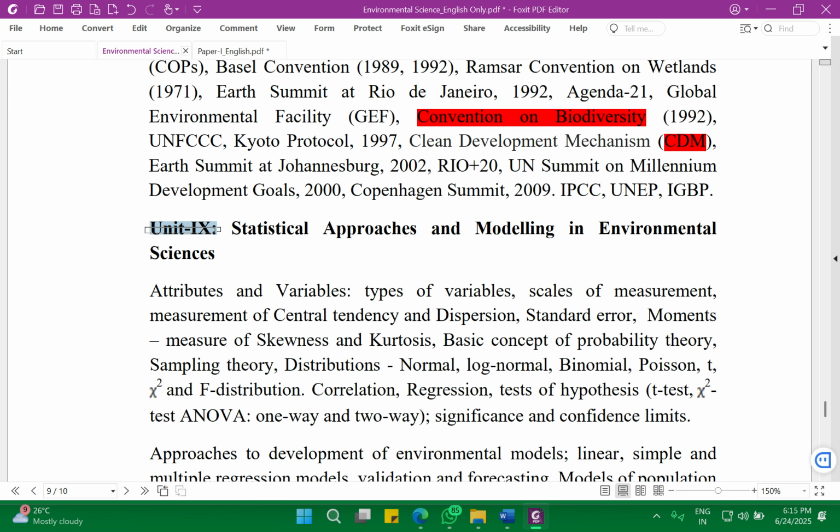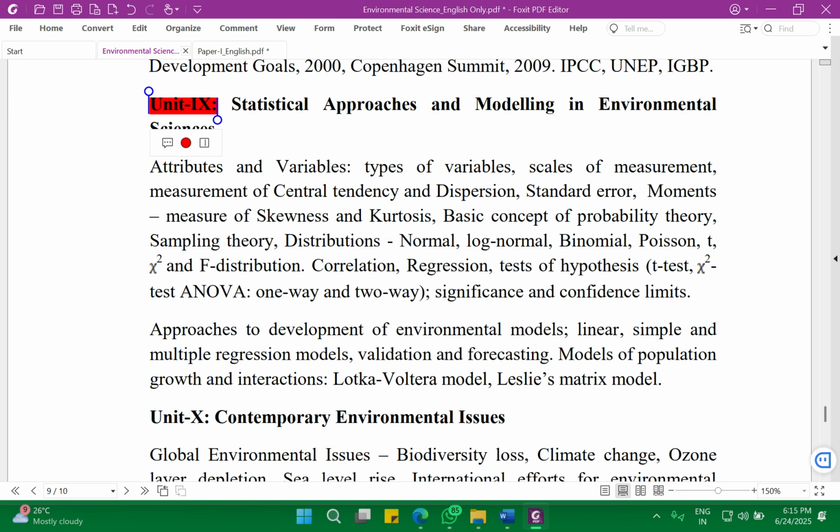And in Unit 9 they are asking repeated models, where the questions may be the same, only the numbers they may change. Suppose this year they may ask some questions related to normal distribution. Next year they may ask something related to binomial or Poisson, like that.